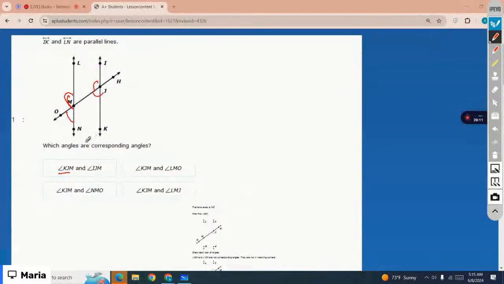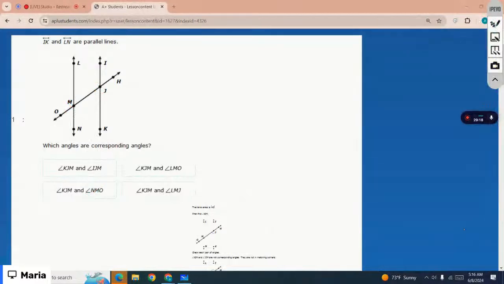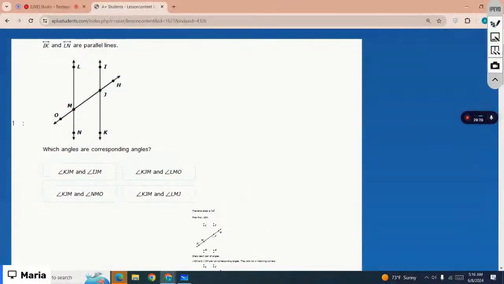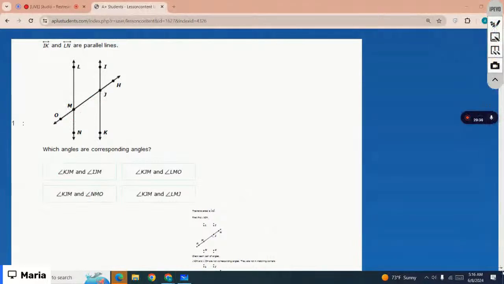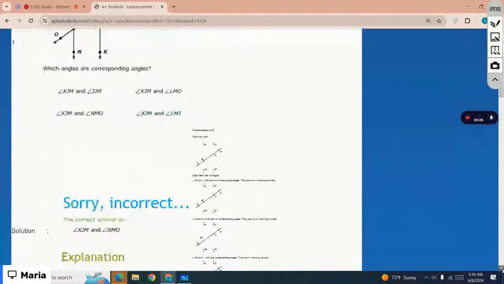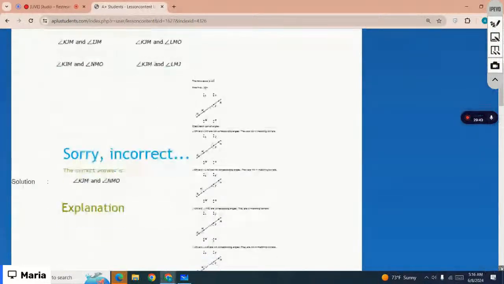So KJM and NMO are the corresponding angles. They are on the same side of the line that is intersecting two parallel lines. So they are the corresponding angles. Got it? The answer is KJM and NMO.